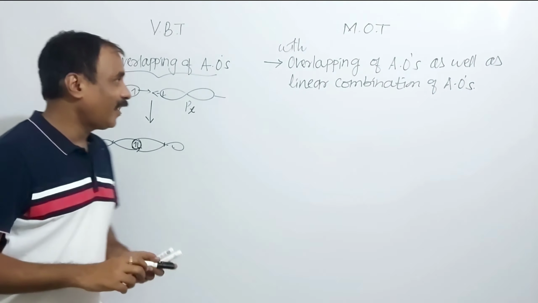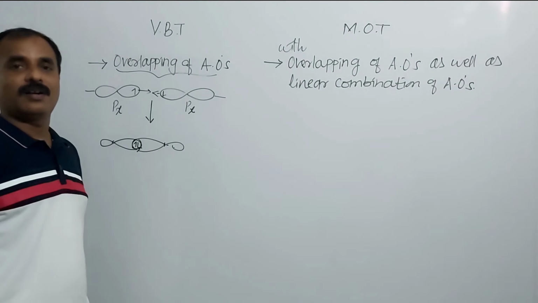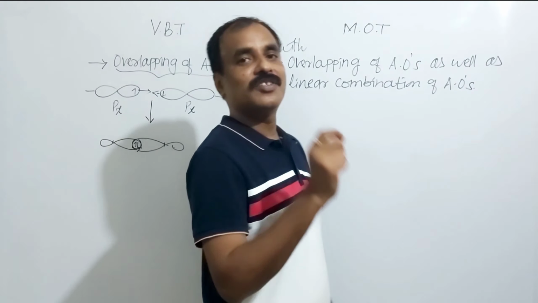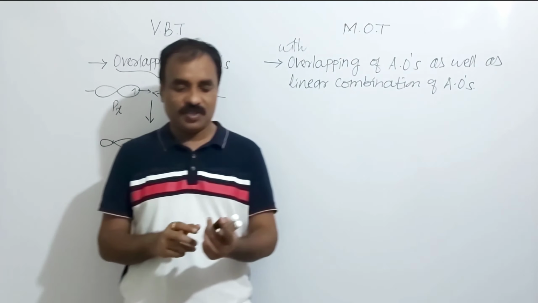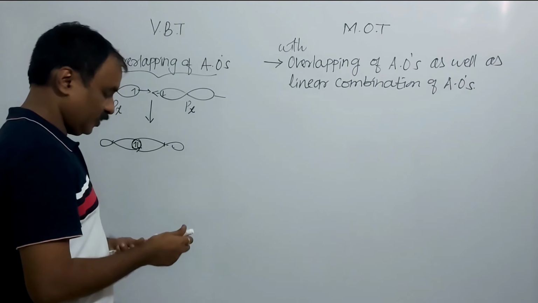In valence bond theory, only overlapping of atomic orbitals. But here, with overlapping, there is a linear combination of atomic orbitals. How to show? See here.